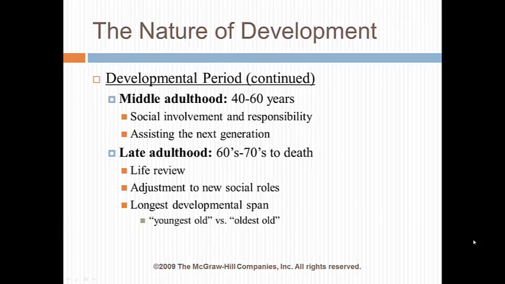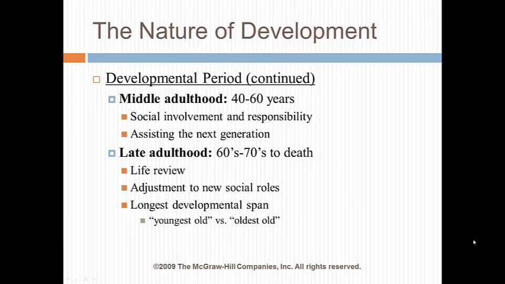In middle adulthood, which occurs in ages 40 to 60, social involvement and responsibility, assisting the new generation, and becoming satisfied in a career are important. The last developmental period is late adulthood. Its ages cover 60 to 70 to death.